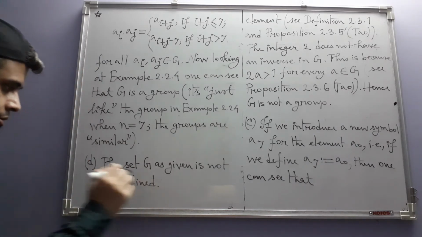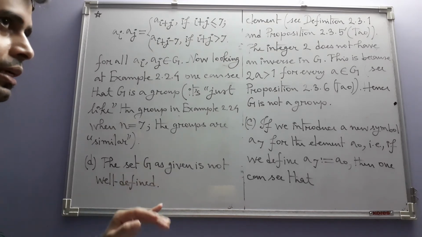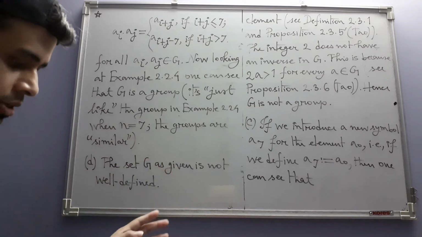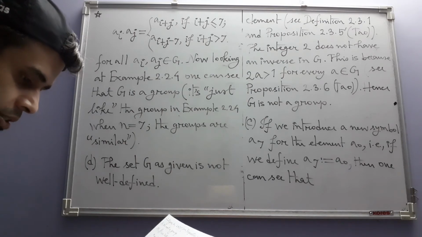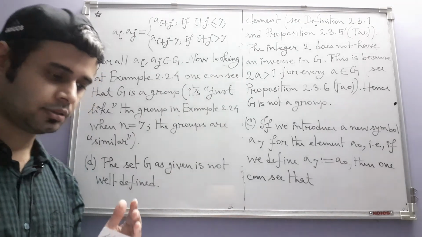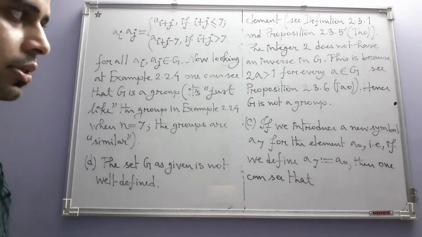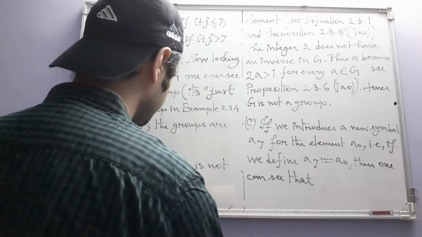Why? What is G? According to the author, G is the set of those rational, is it just rational or positive rational? Rational numbers that have odd denominator. Okay, so let us take an example.